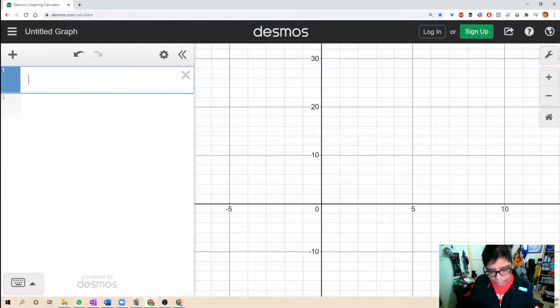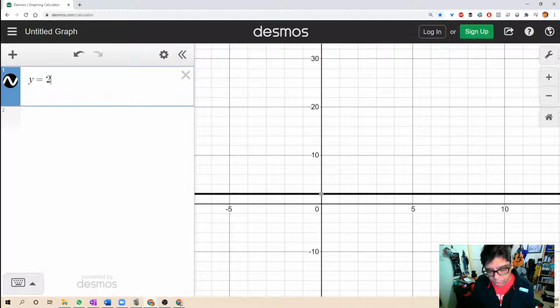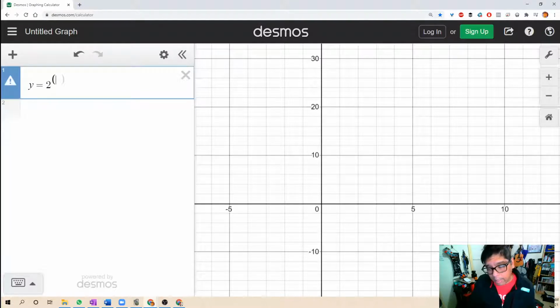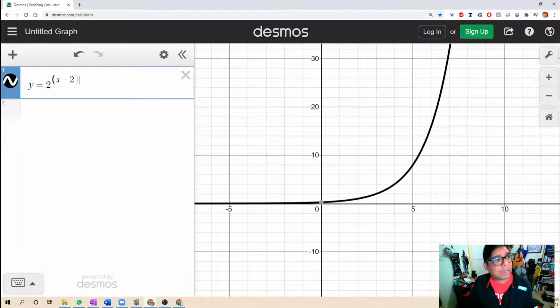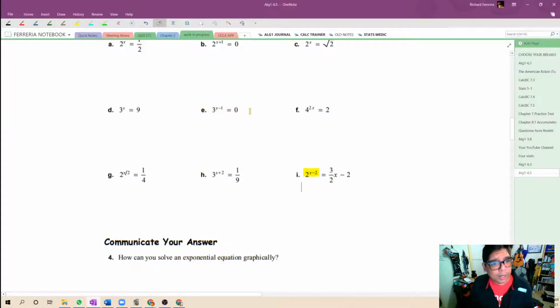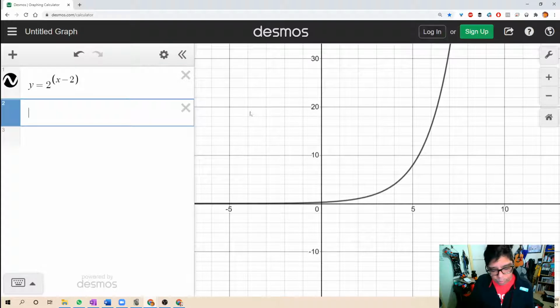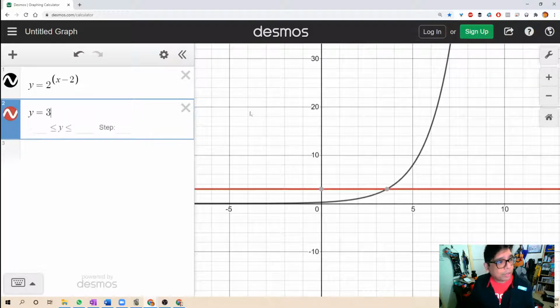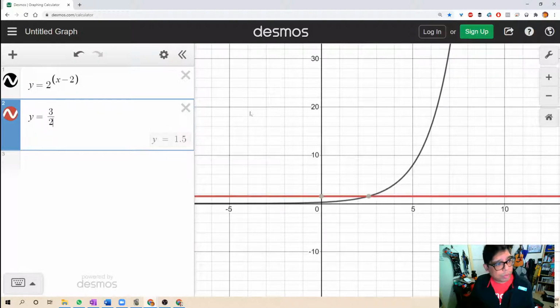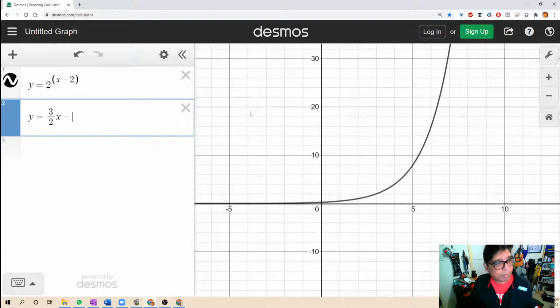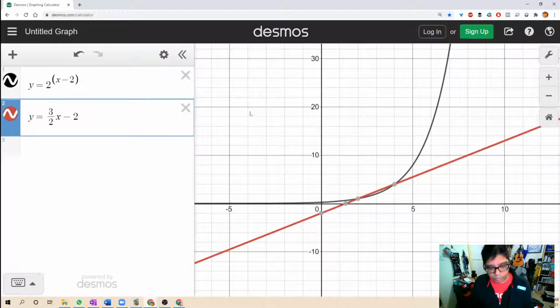So on my Desmos, I'm going to say y equals 2 to the power of, and I'm going to put (x minus 2) in parentheses so it stays up there in the power. And then the other side of this is 3 halves x minus 2. So here in Desmos, we'll do y equals 3 over 2, (x minus 2).